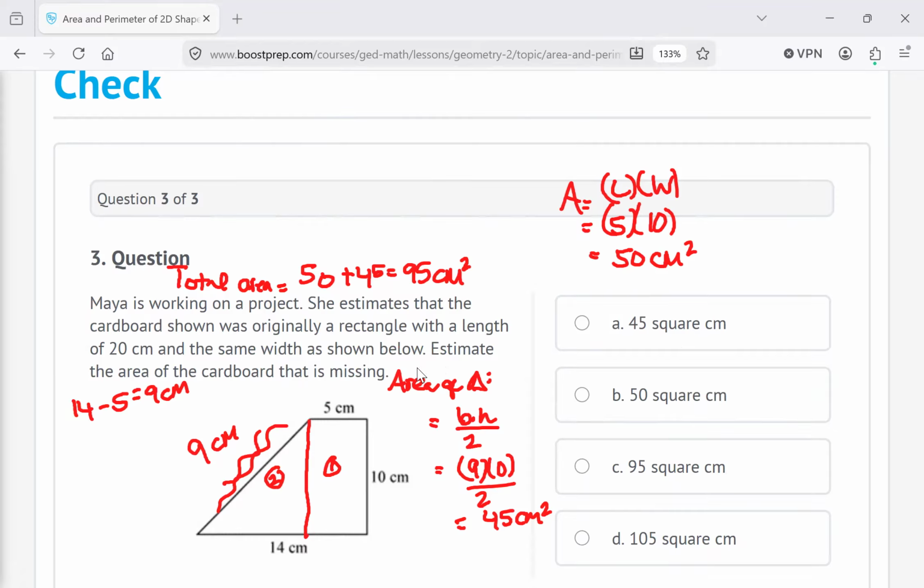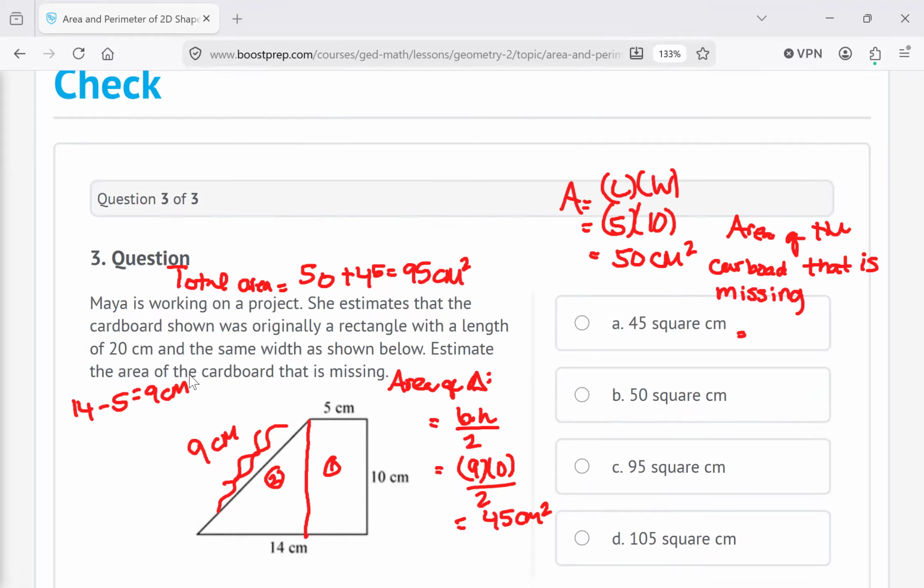To find the area of the cardboard that is missing, it's basically the area of the original cardboard.